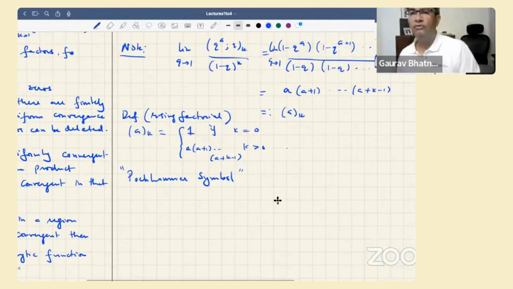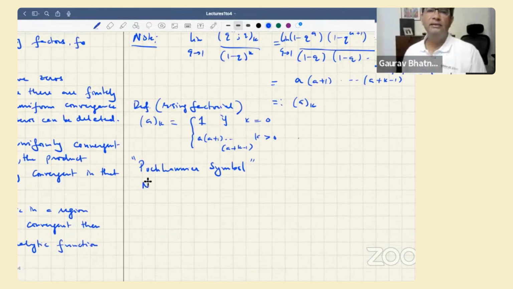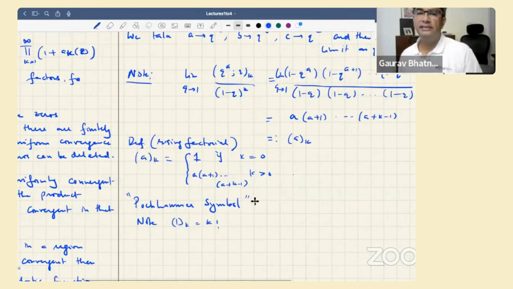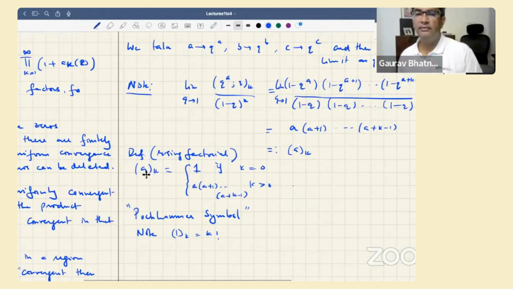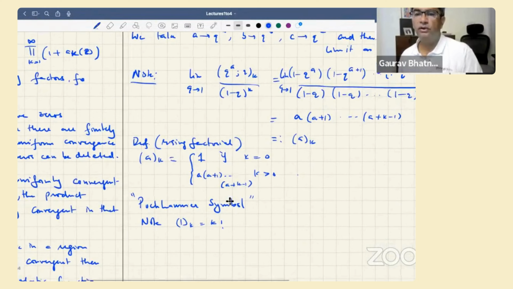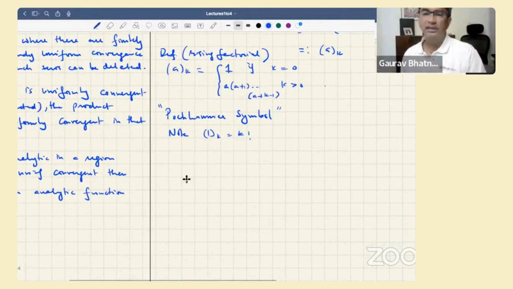And what we have been using is called q rising factorials. And so just note that 1 sub k is k factorial. So this also generalizes. So when a is 1, then it's 1 into 2 into 3, and so on until k. So it's k factorial.